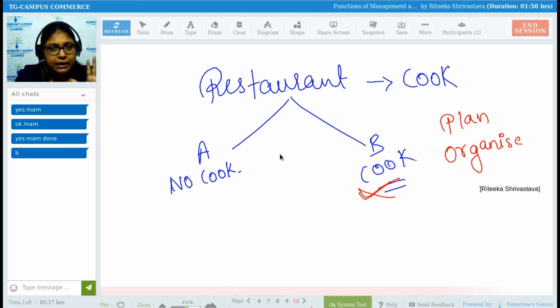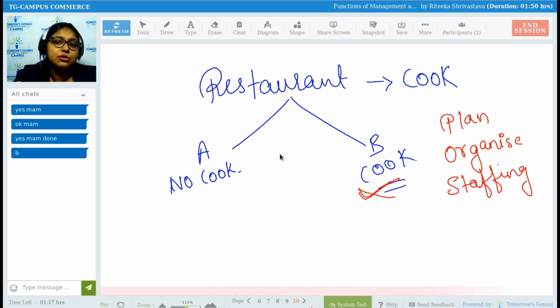Now everything is organized. Now we need the right people to work for us at the right place at the right time. So that is staffing. That means I need to hire good people who can work for me at the right position.